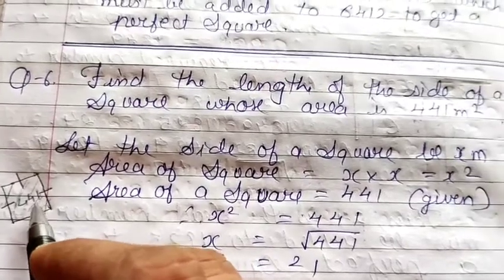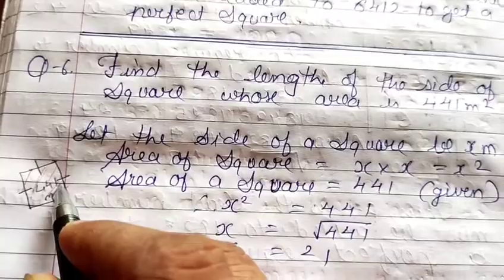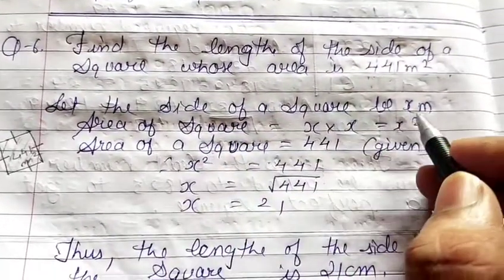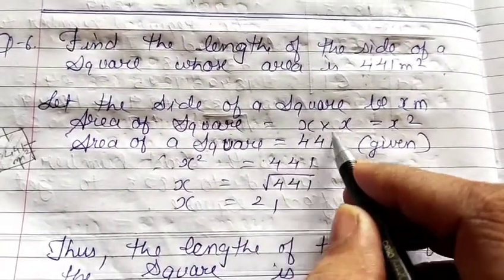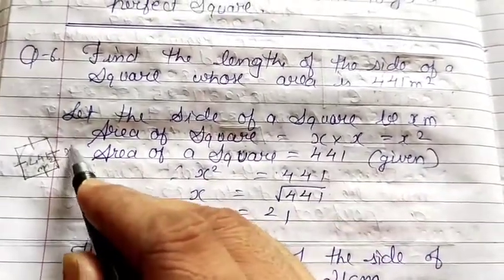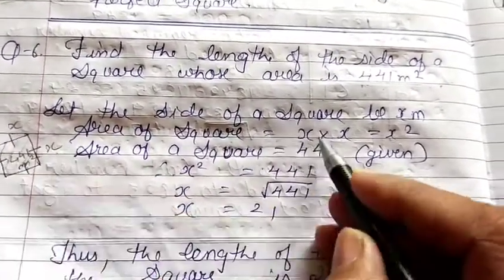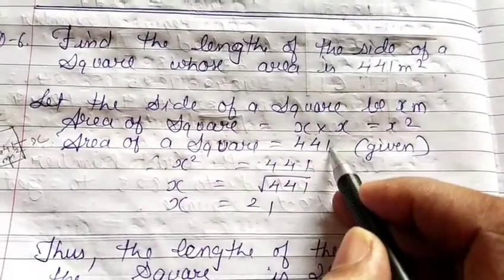441 meter square. Now dear student, here what you will do, let the side of the square be x meter. That means the area of the square you will get x into x, as all sides are equal. So if you take one side as x, when you multiply x into x, you will get x square meter. Now the area of the square which is given is 441.